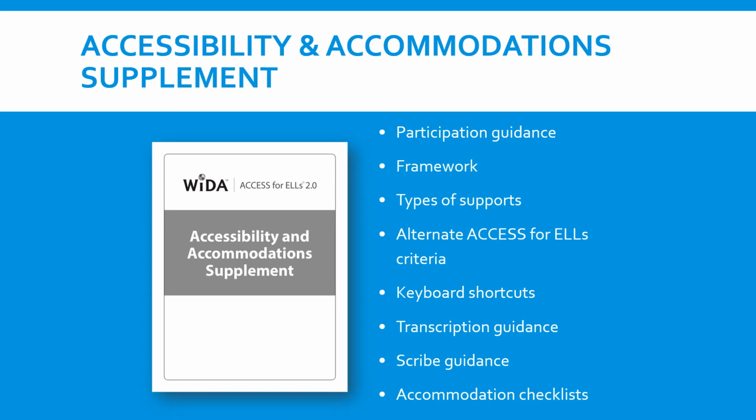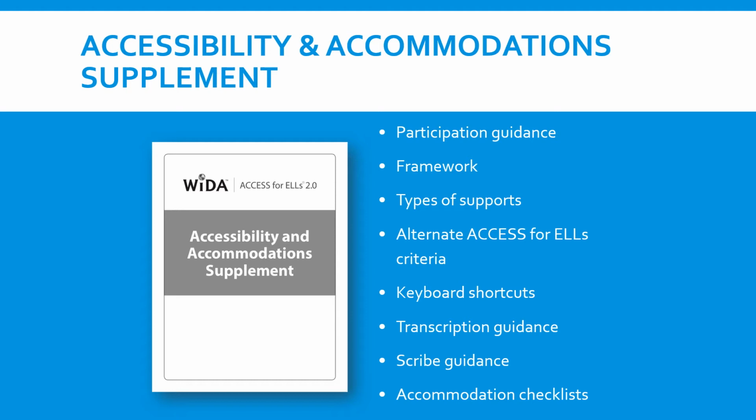The Accessibility and Accommodation Supplement was developed to support test administrators' awareness and selection of test administrative considerations, universal tools, and accommodations for individual ELs in order to produce valid assessment results. The supplement is intended for district and school level personnel as well as decision-making teams, including IEP teams and 504 plan teams, as they prepare for and implement Access for ELs 2.0.